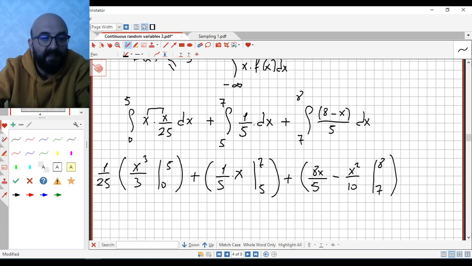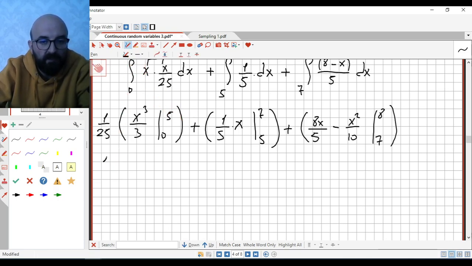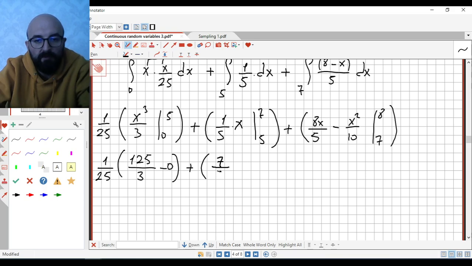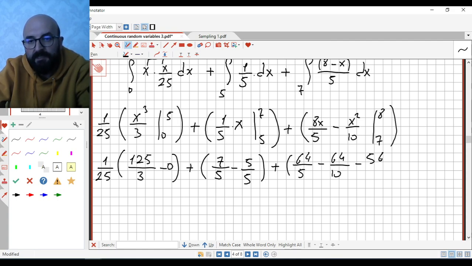Okay, and then 1 over 25 times 125 over 3 minus 0, plus 7 over 5 minus 5 over 5, plus 64 over 5 minus 64 over 10 minus 56 over 5 plus, because minus times negative becomes positive, 49 over 10.